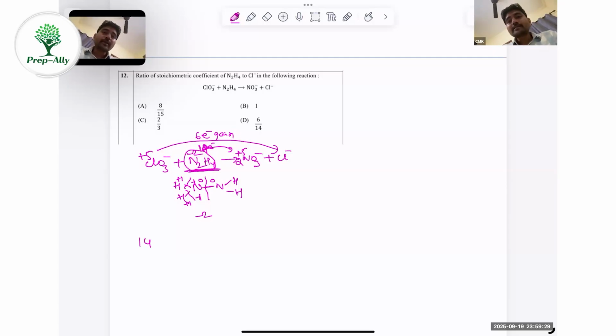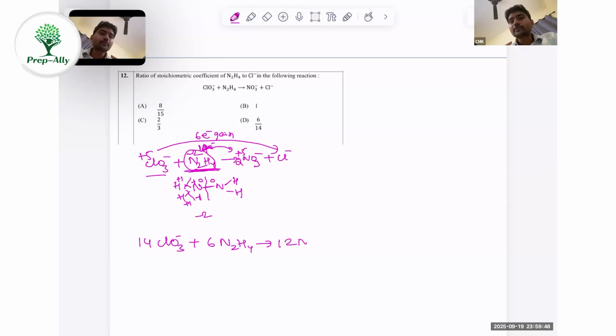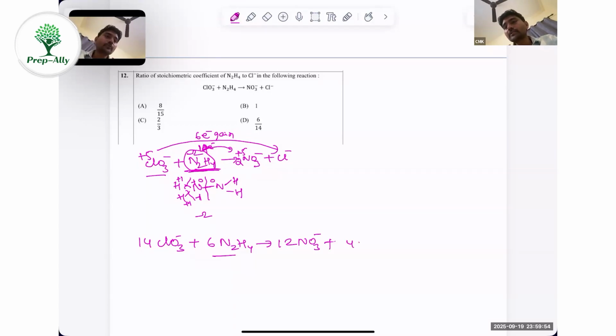So whenever we are balancing, the n factor of N2H4 should be the coefficient or moles of ClO3 minus. What is the n factor of ClO3? 6. So 6 into N2H4 gives rise to, okay, now after balancing we will get 12, since 6 into 2 is 12, NO3 minus plus 14 Cl minus. So this is the balanced equation.